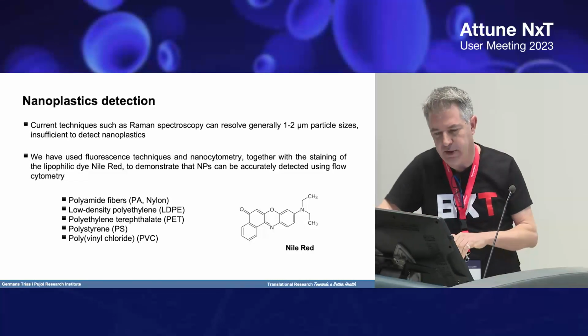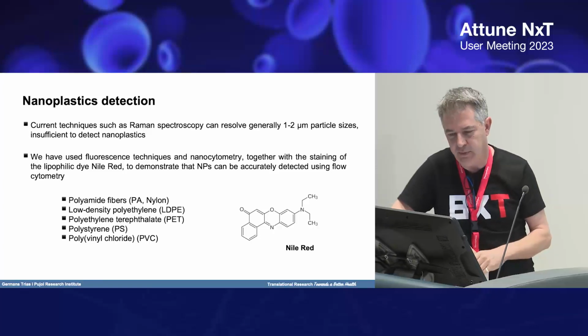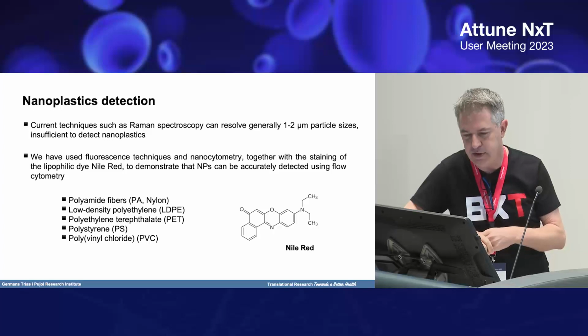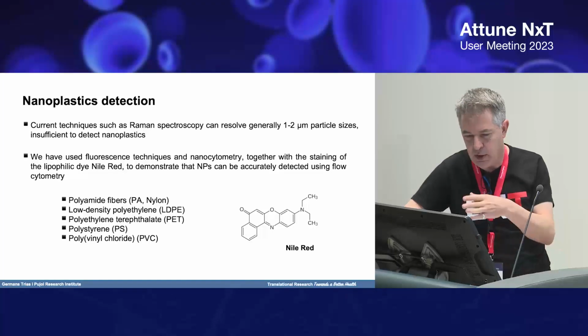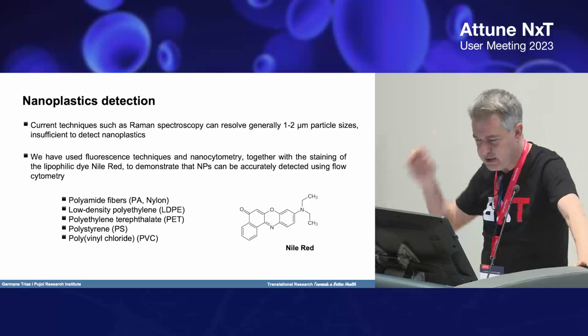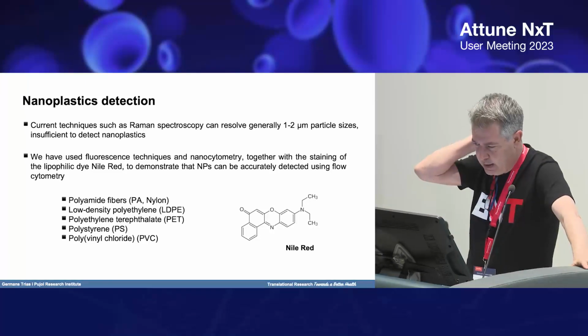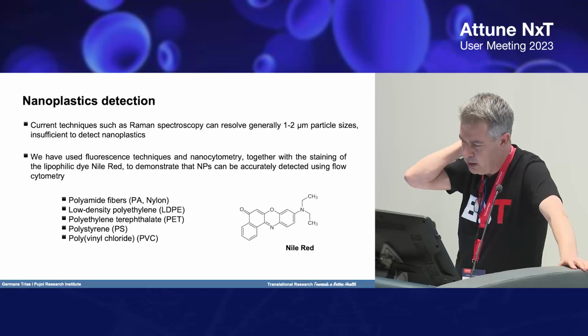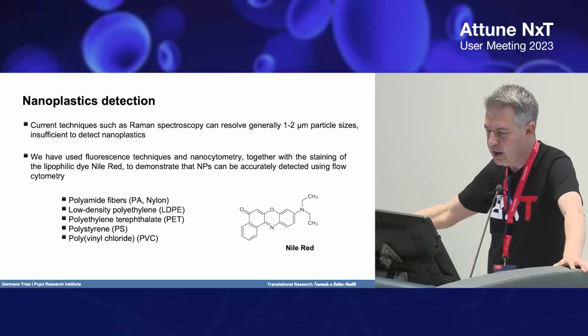We decided to use, as it was explained yesterday, the cutting-edge instrumentation that we have, the NxT, to detect nanoplastics, because, as I was saying previously, current techniques such as Raman spectroscopy can resolve only particles between 1 and 2 micron size, and this is insufficient to detect nanoplastics.